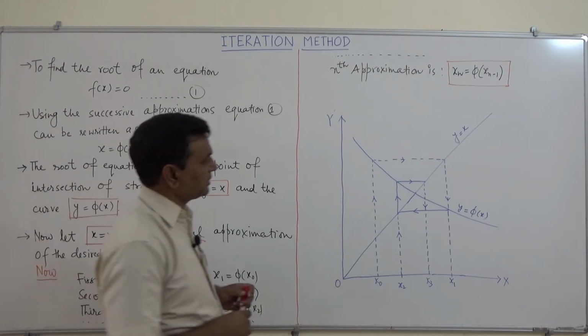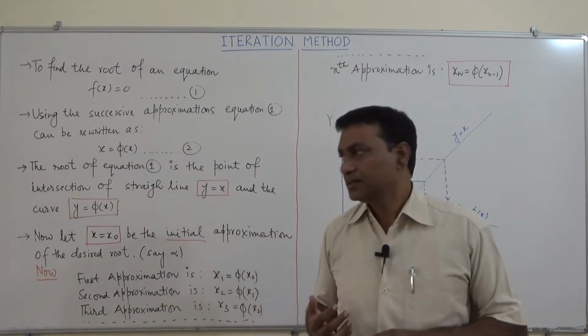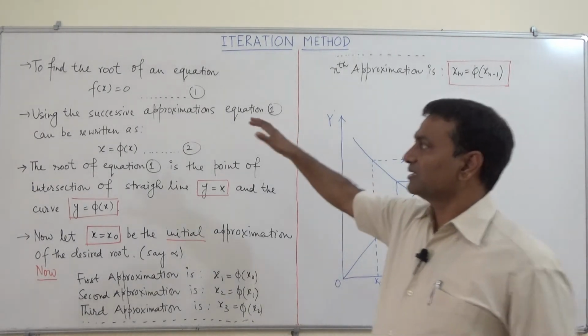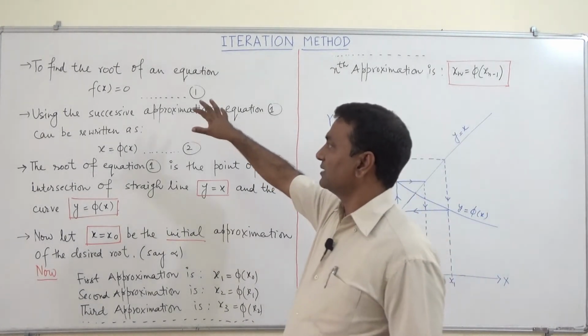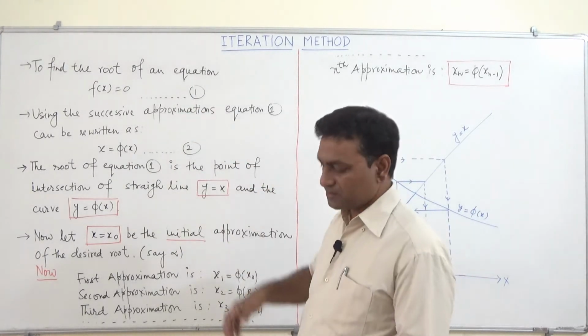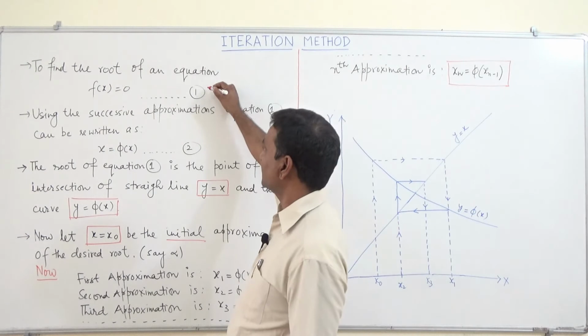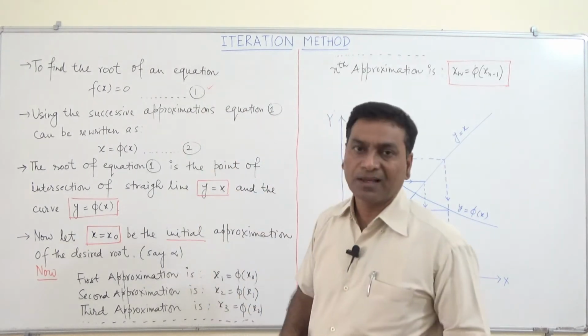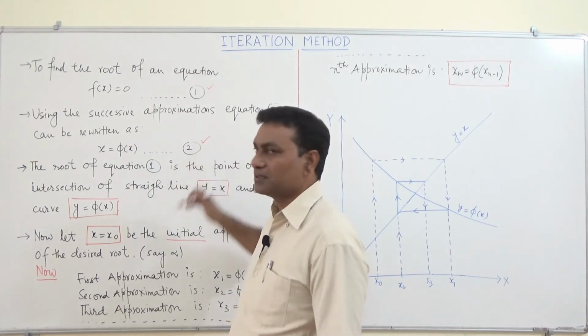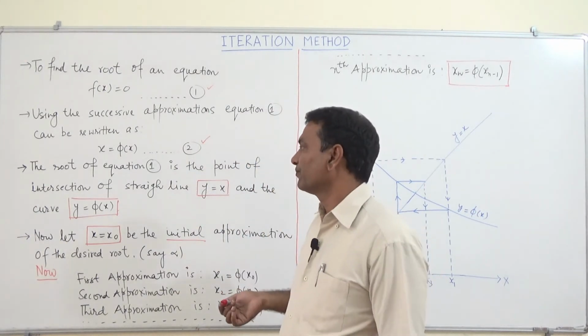Let us recall. First we say that the equation is f(x) equals 0, equation number 1. We can rewrite it as x equals phi(x), equation number 2.